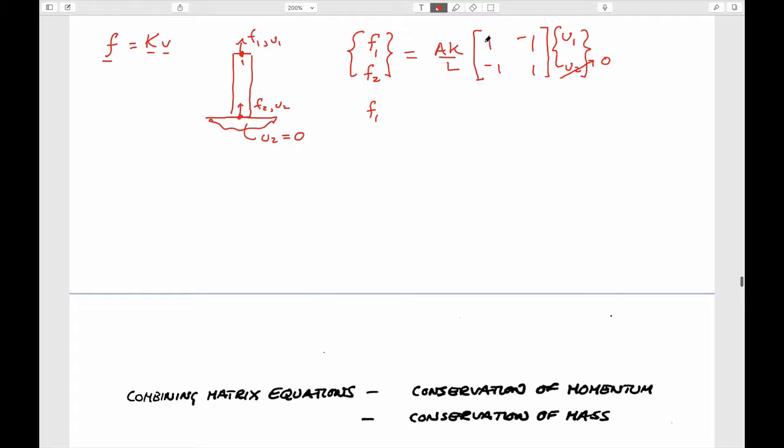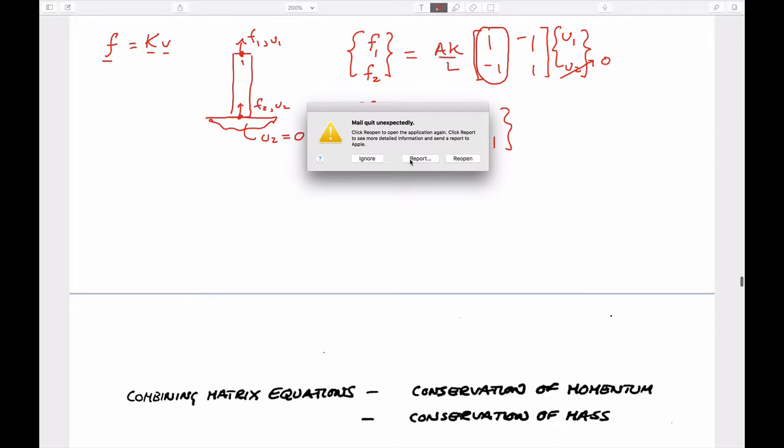And physically, what this column of the matrix means is that the forces F1 and F2 are equal to AK over L times 1, minus 1. So immediately we know what the magnitudes of the forces would be.